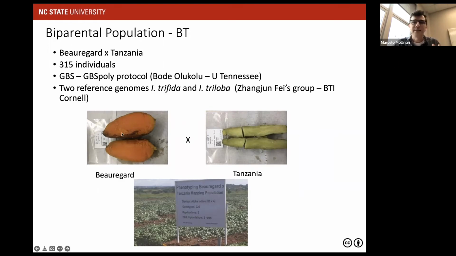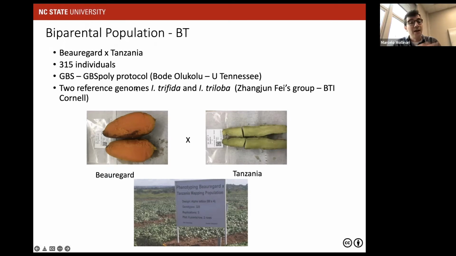Beauregard is an orange flesh sweet potato, high beta carotene, very sweet, low resistance to nematodes and some other things. And here we have Tanzania. Tanzania is from, of course, Tanzania, and has low beta carotene, but is very resistant.